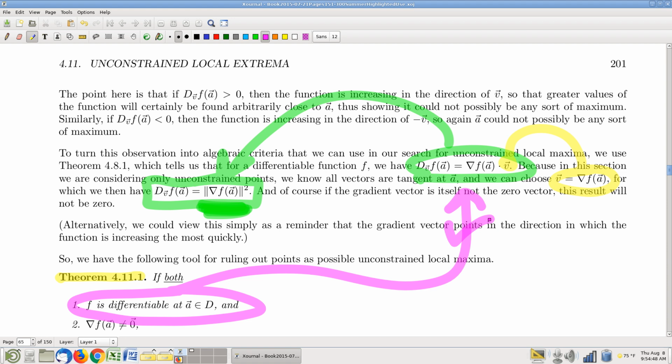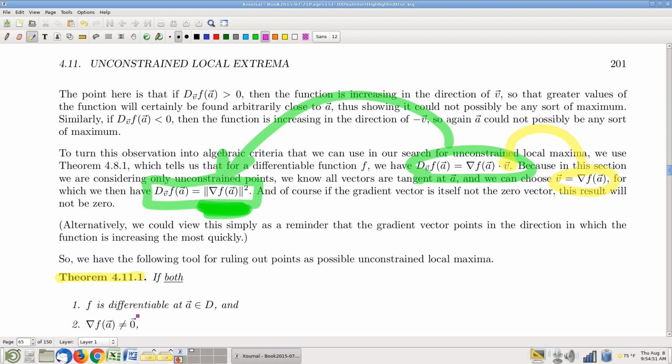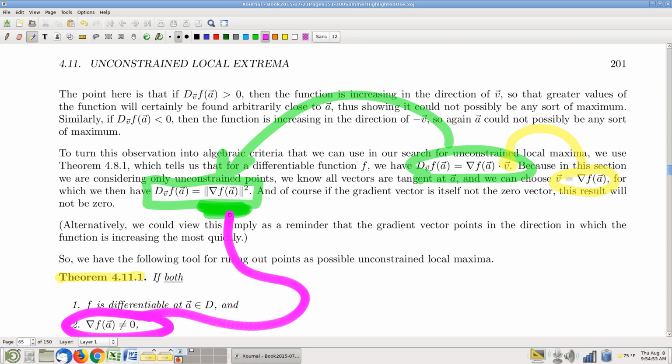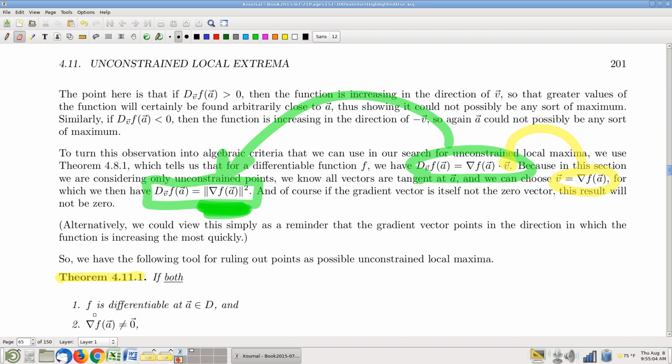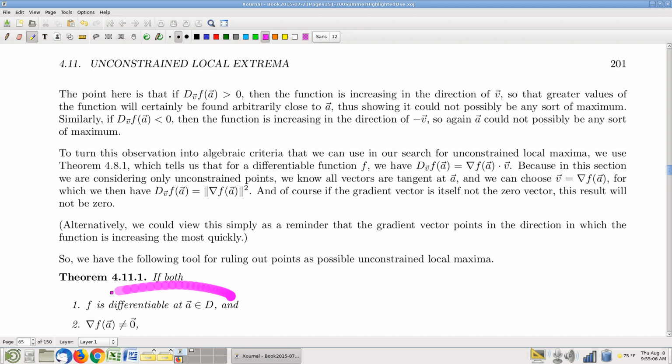The other thing is, I was assuming that the gradient vector here was non-zero. If the gradient vector is 0, what I get here is directional derivative equals 0, and that doesn't eliminate anything either. So these are the conditions here. I need the function to be differentiable with a non-zero gradient.